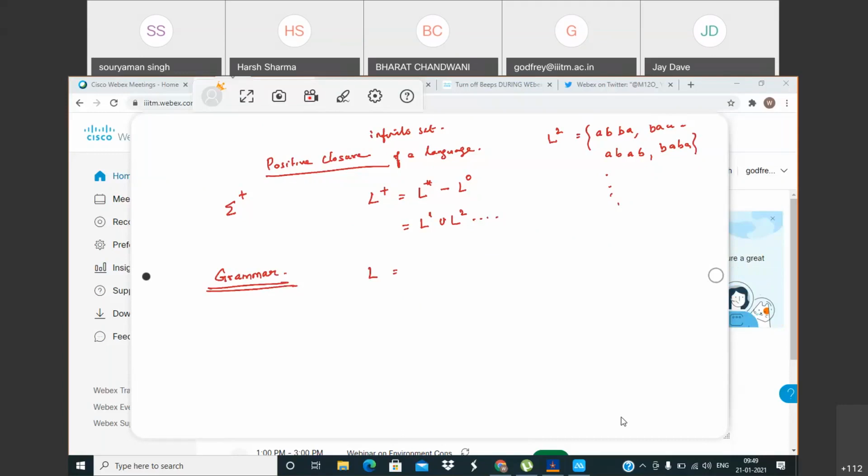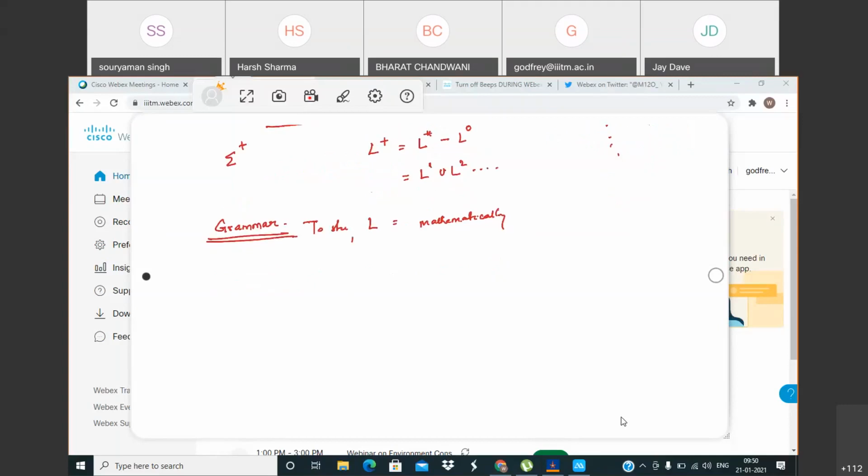If you want to study a language mathematically, you require that you should be able to describe the language.